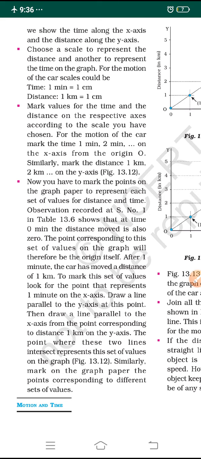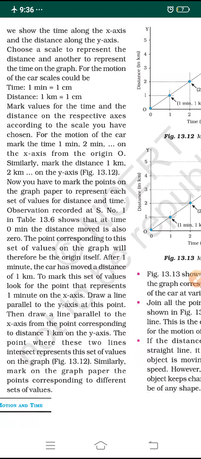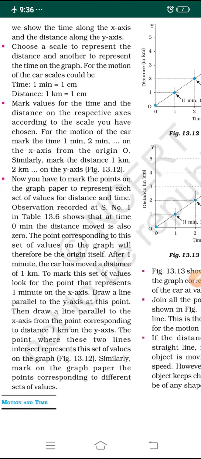Now after 1 minute the car has moved a distance of 1 kilometer. To mark this set of values, you have to look for the point that represents the time 1 minute on the x-axis. To mark 1 minute, you mark the point 1 centimeter on the x-axis. Now draw a line parallel to the y-axis at this point.